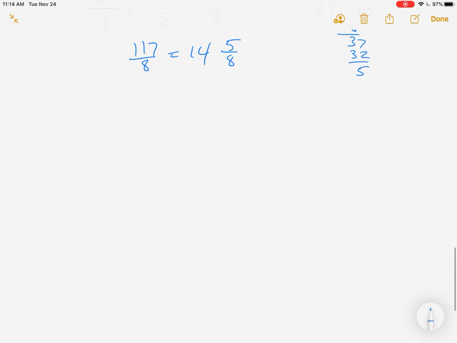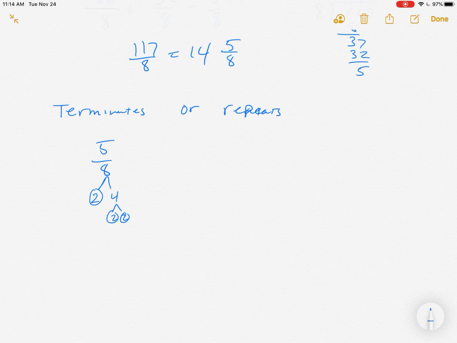Another thing they're going to ask about is when a decimal terminates or repeats. So they're going to ask something about 5/8. And everything depends upon how it breaks down. So if you remember our prime factorization, 8, we realize, is just a bunch of 2's.